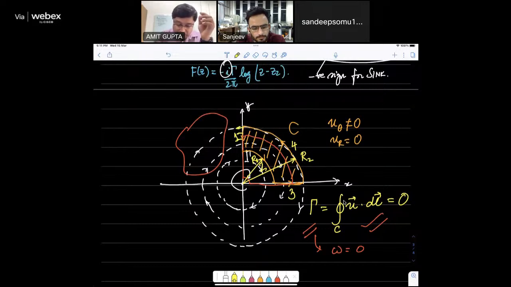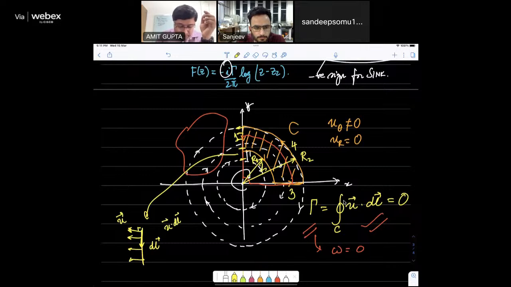If I take a small element here and maybe exaggerate, this is the dl vector. It is going in this direction, but u vector would be normal here. So u dot dl will be 0 along paths 1 and 3.